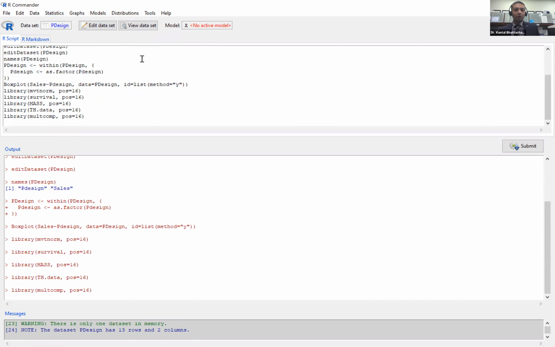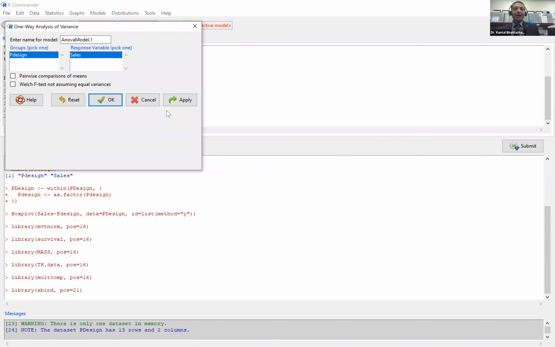When you do the ANOVA one way, by default, it has already set up your groups. Your groups are p-design. Your response is sales. You want to do pairwise comparison of means. Okay. And then do a Welch F test, assuming equal variances. If you do all of those things together, it will give you everything that you need.